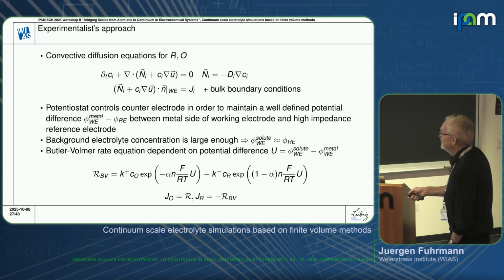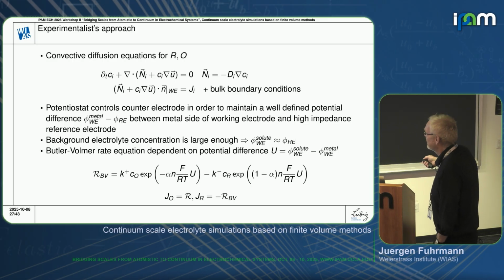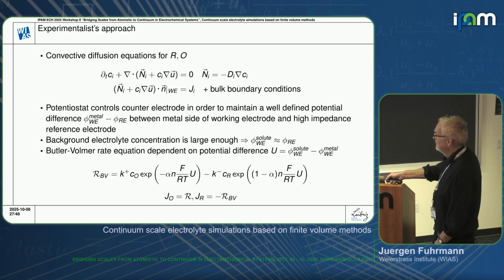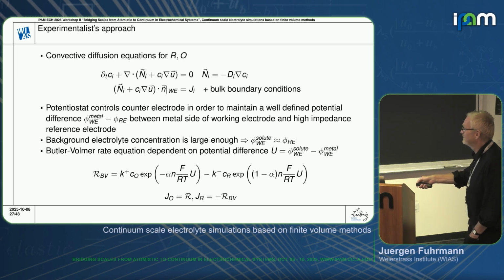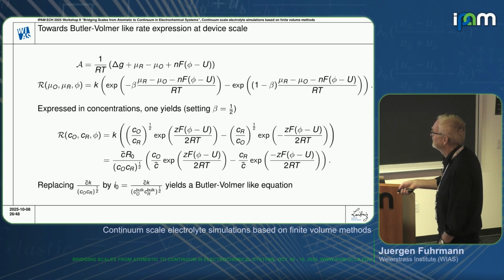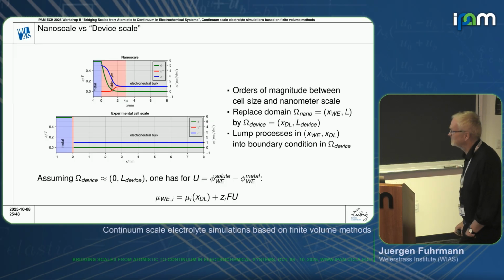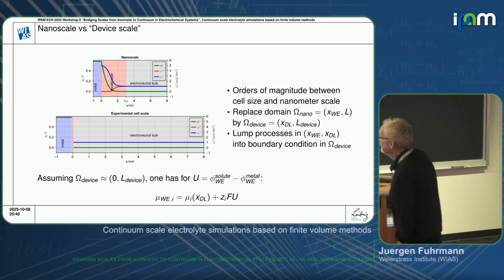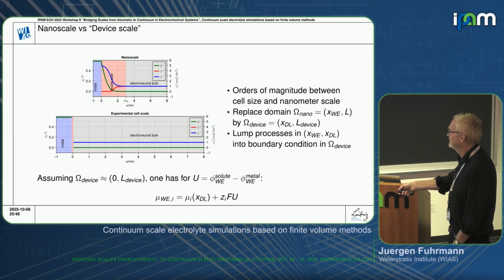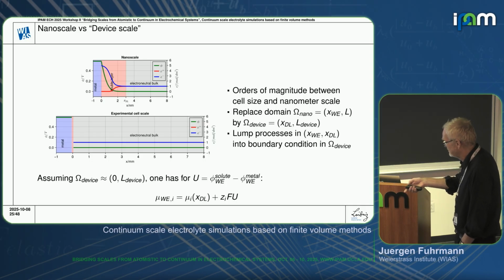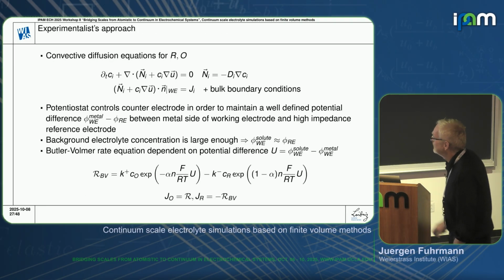The potentiostat controls the counter electrode in such a way that a well-defined potential between the metal side of the working electrode and some reference electrode is maintained, and the value of the potential in the reference electrode corresponds to the potential value in our electroneutral domain. Yeah. With a well-supported electrolyte, you can place it close to the electrode and assume that it's constant, and we get this potential jump for our calculations.